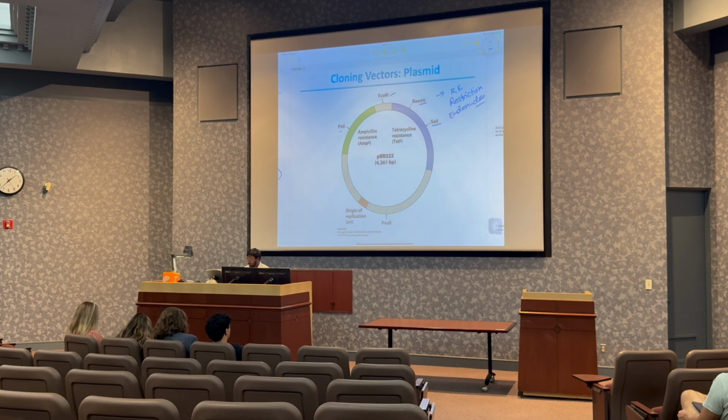Okay, and what is this AmpR and TetR? Ampicillin resistance gene and tetracycline resistance gene. And what do you mean by pBR322? P means plasmid, BR is the name of scientists Bolivar and Rodriguez, and 322 is the number of the plasmid.